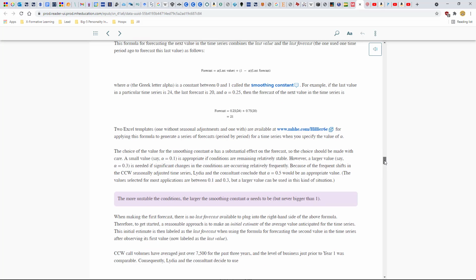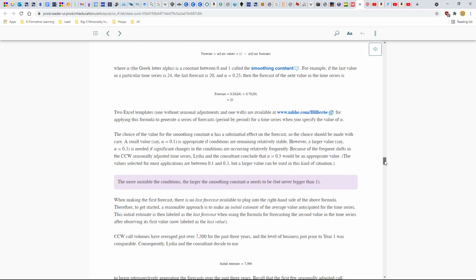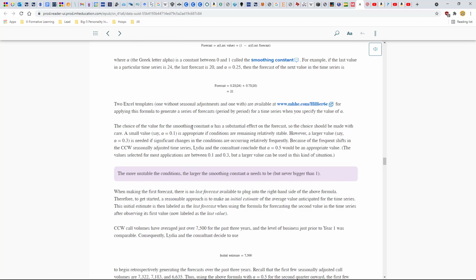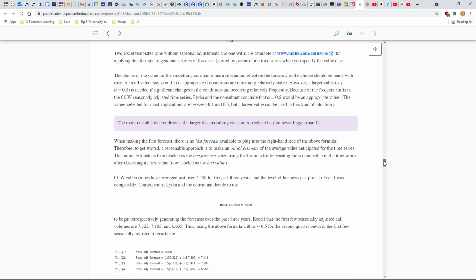But you have to read through how you pick alpha, and alpha means everything. You have to be really careful about how you pick alpha. It comes through experience and relating to the numbers. But when making the first forecast, there is no last forecast, so you have to make an educated guess. And if you read through here, that's what they do. They say the initial estimate is 7,500.